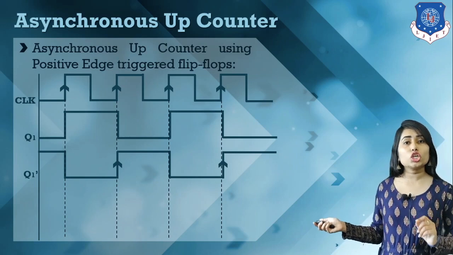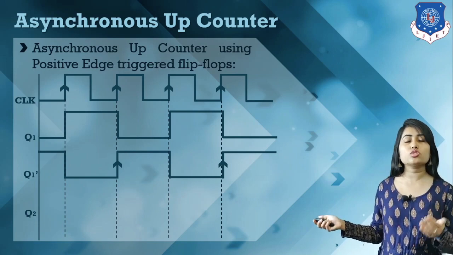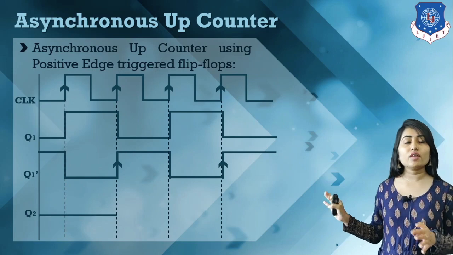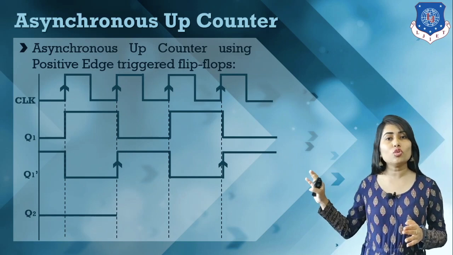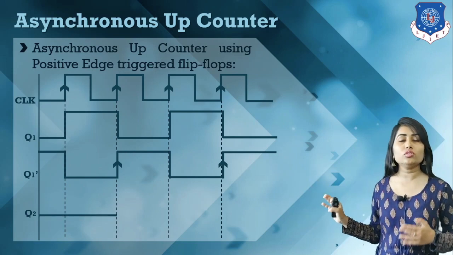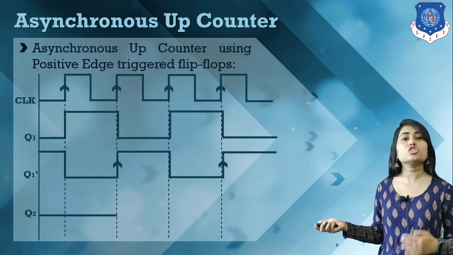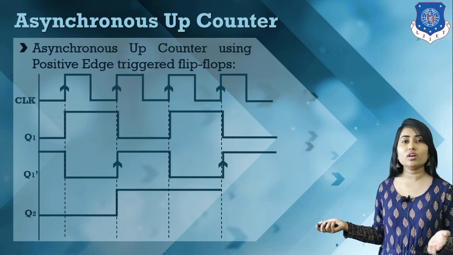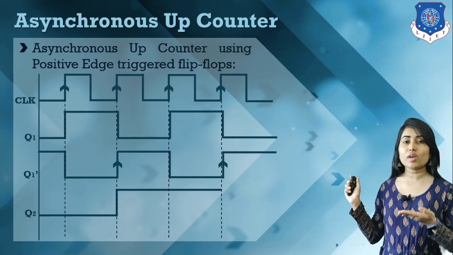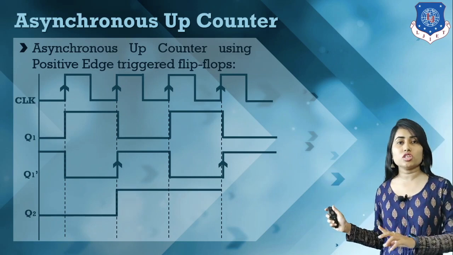Now Q2 will change its value at the positive edges of Q1 dash. Initially Q2 is 0. Whenever there is no positive edge of Q1 dash, we have a 0 value. Now when a positive edge of Q1 dash arrives, we just toggle its value, so we have a 1, and it continues up to the next positive edge of Q1 dash.